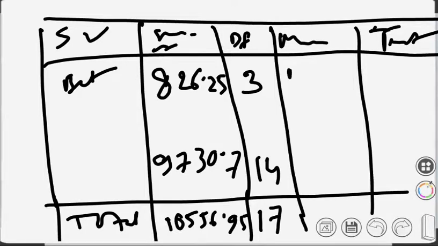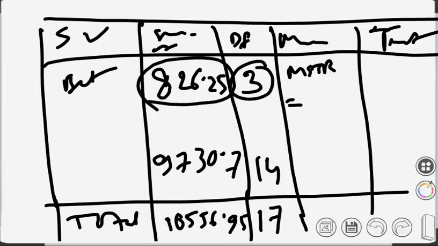So MSTR, what is the value of MSTR? 826.25 divided by 3. So calculate করো. That is 275.42. And নিচেরটা MSE.